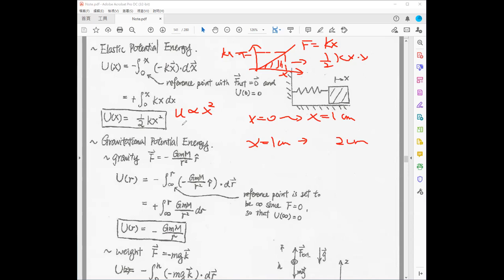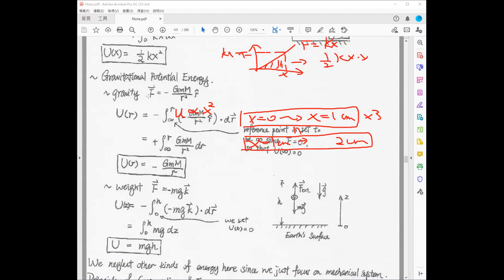You can calculate by substituting the values. The energy for the second extension will be this energy multiplied by 3. It is not linear. The larger the extension, the more energy you require to extend it further. So this is the elastic potential energy.